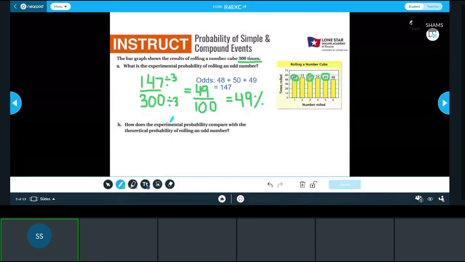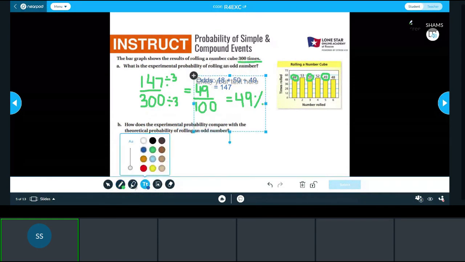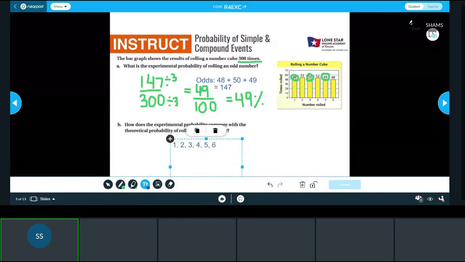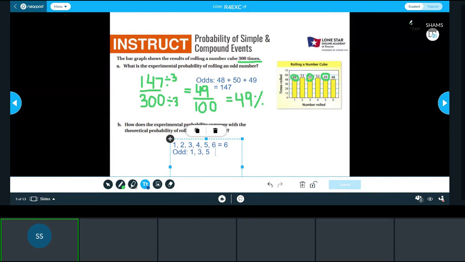How does experimental probability compare with theoretical probability of rolling an odd number? The numbers on a number cube are 1, 2, 3, 4, 5, and 6. There are 6 numbers in all. Odd are 1, 3, and 5, a total of 3 odd numbers.